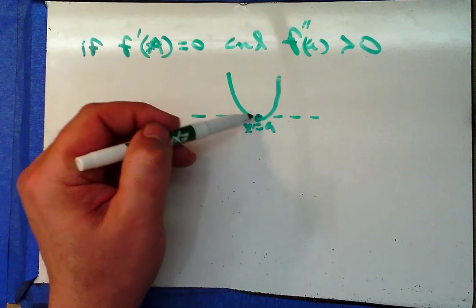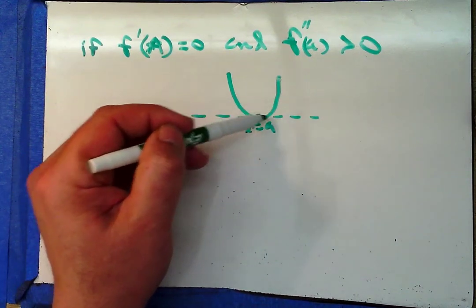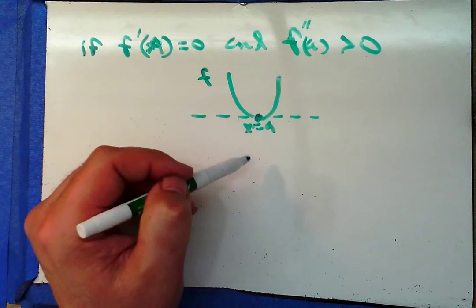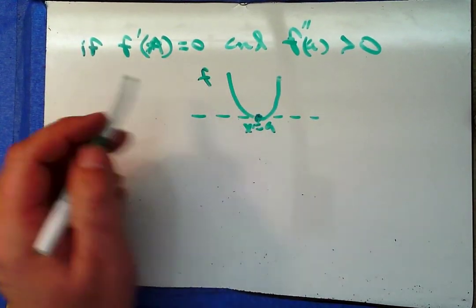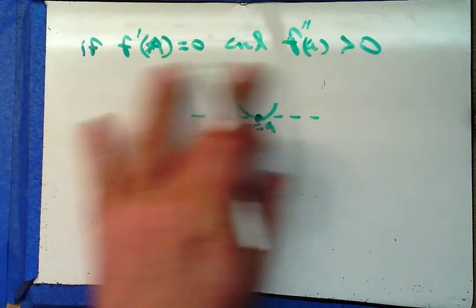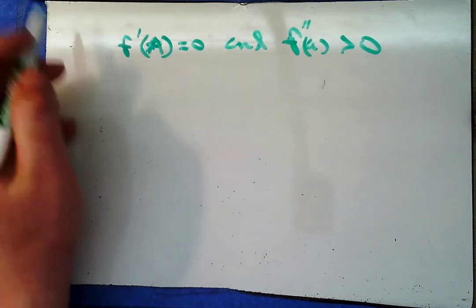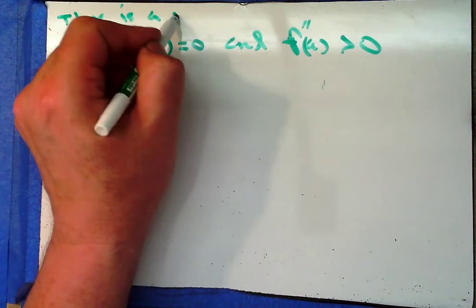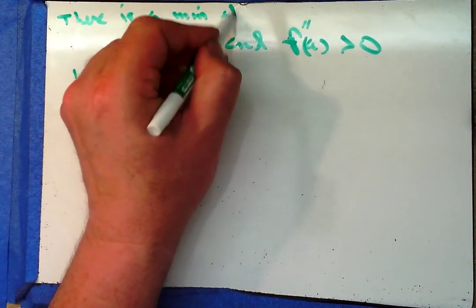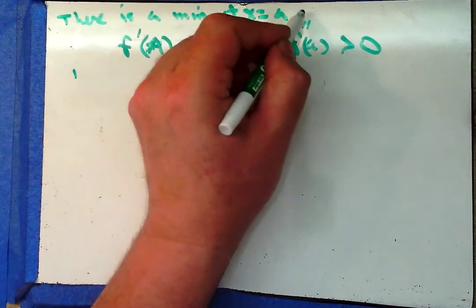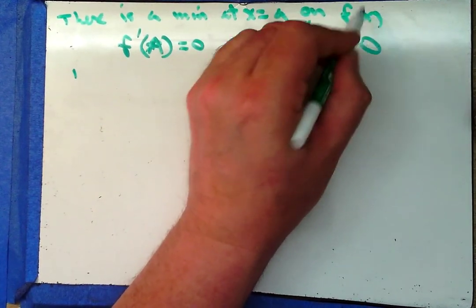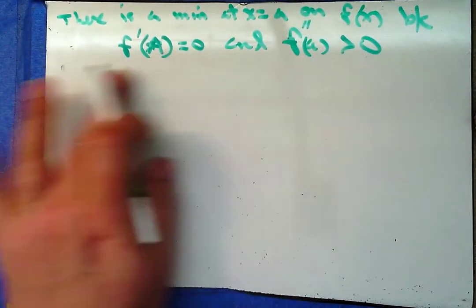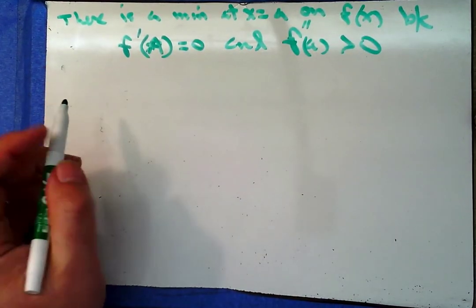We have f double prime at a being positive, so we know that f is concave up with a 0 slope, and what we see is a minimum. And so we can say there is a min at x equals a on f of x because of this. This statement is our second derivative test.